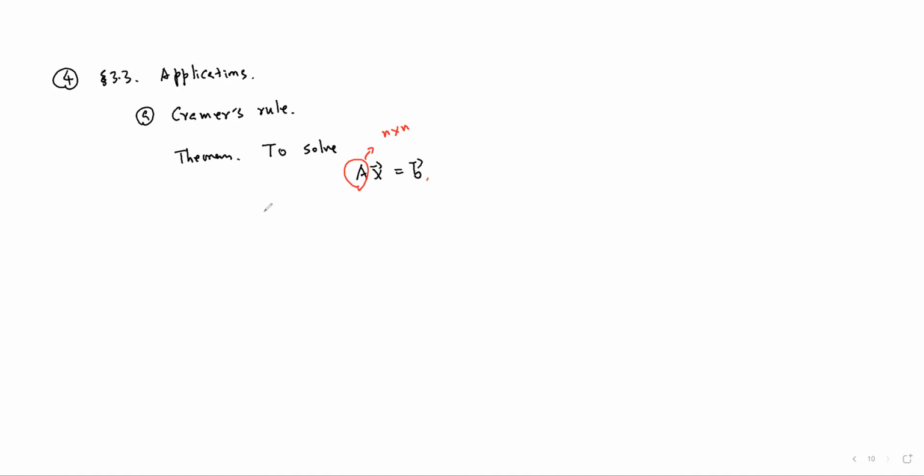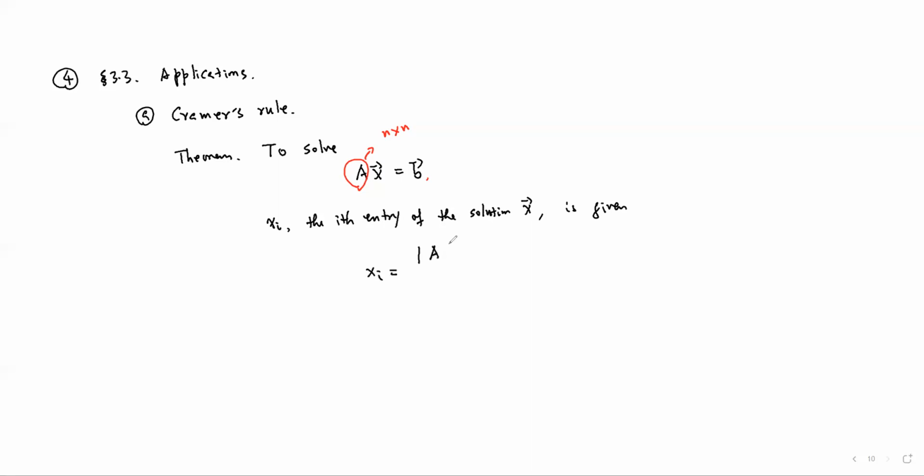The formula is here. x_i, the ith entry of the solution, where the solution is a vector, is given by this formula.